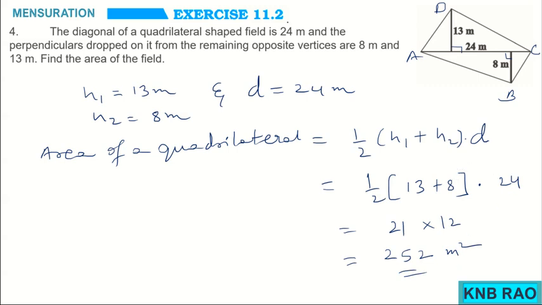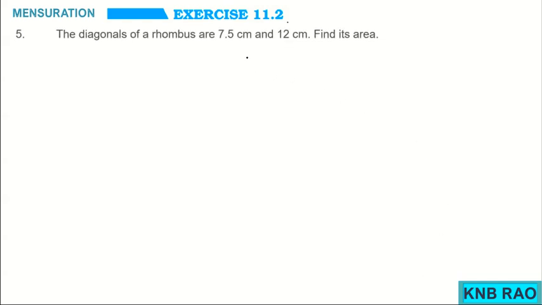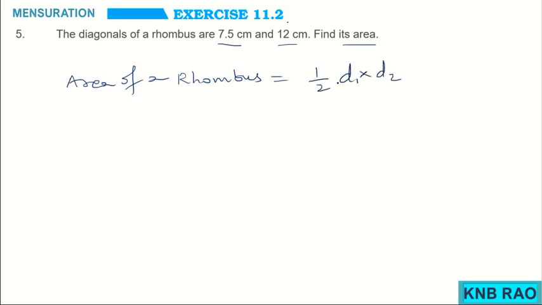Coming to the next question, question number 5. The diagonals of a rhombus are 7.5 centimeter and 12 centimeter. Find its area. You know children, area of a rhombus is found using its diagonals. So for a rhombus, half of the product of diagonals is the area.